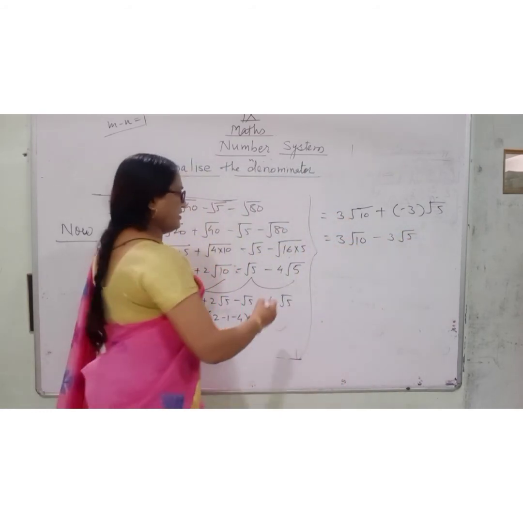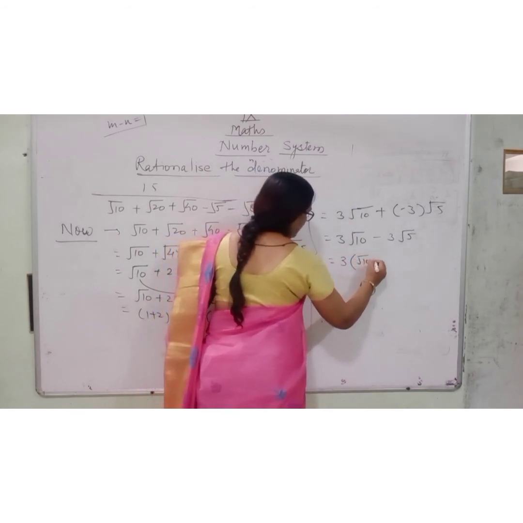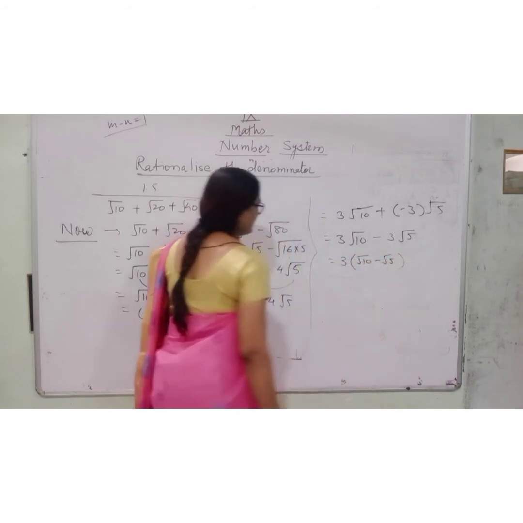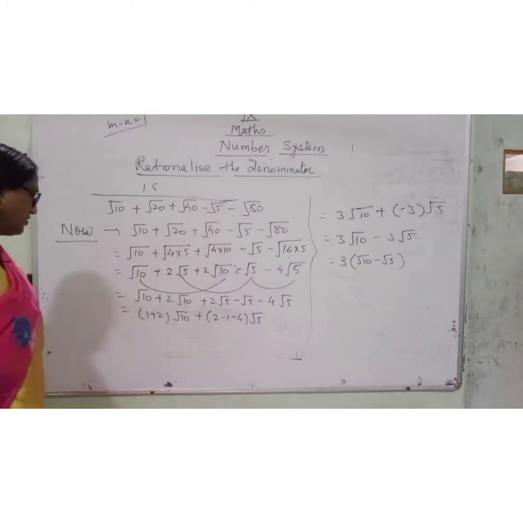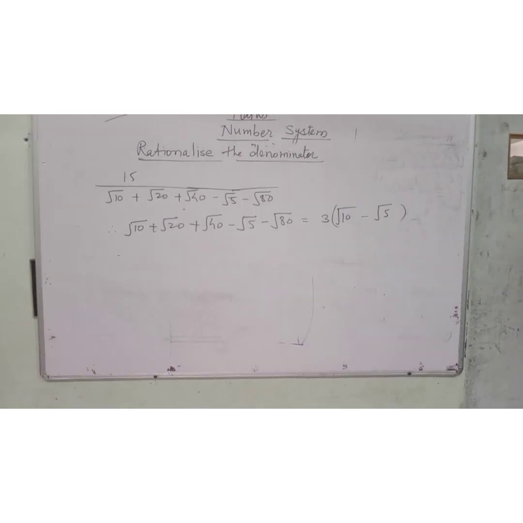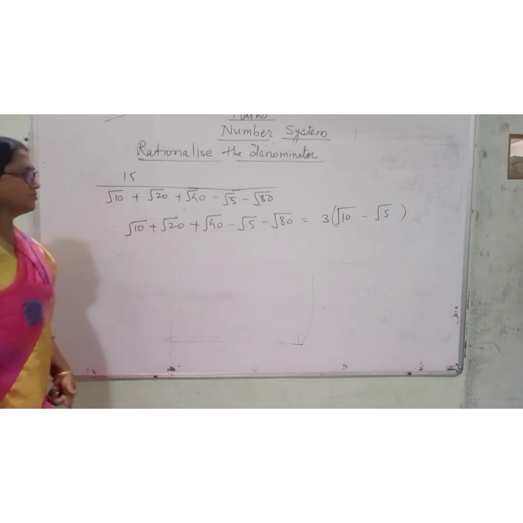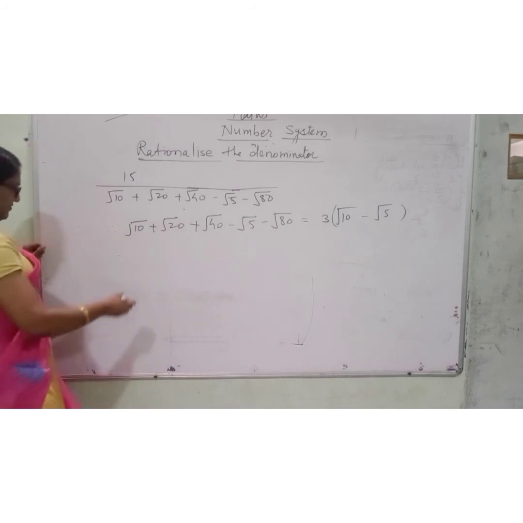Again you can take out common 3, that is root 10 minus root 5. Like this is the answer of the question. Okay. Therefore, now our denominator is 3 in the bracket root 10 minus root 5.